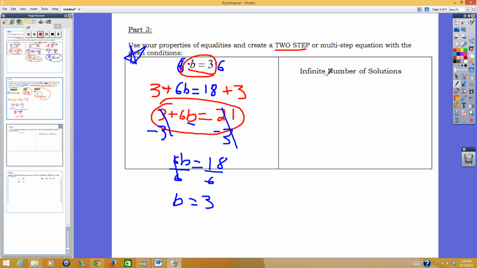This is something that has an infinite number of solutions. We've been talking about it as always, sometimes, or never true. Something that has an infinite number of solutions is an equation that is always true. So we have been starting off with x equals x. We know that's always going to be true because it's literally the same thing on both sides, right?